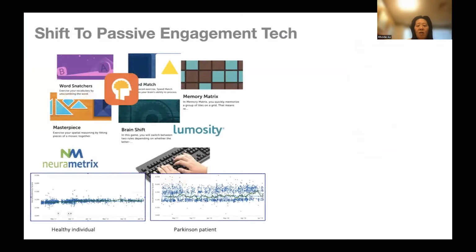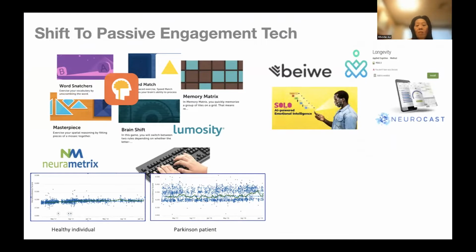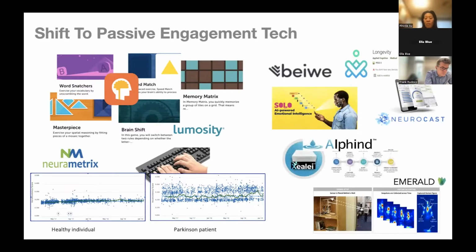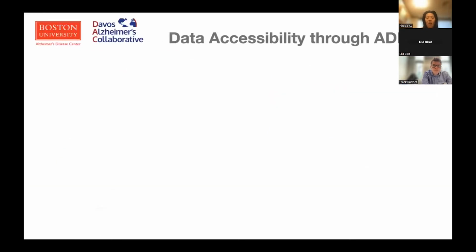I just want to emphasize this need to shift to passive engagement technologies, whether through computers, online, and then through the home, and ultimately even through in-home sensors. And I really think it's not until we get into this passive engagement reality that we're going to start to see the potential of digital really take off.